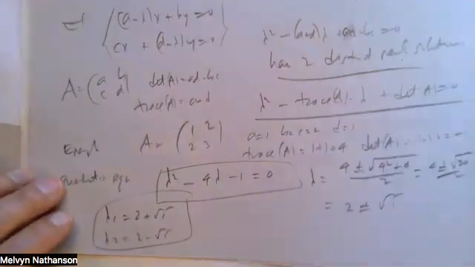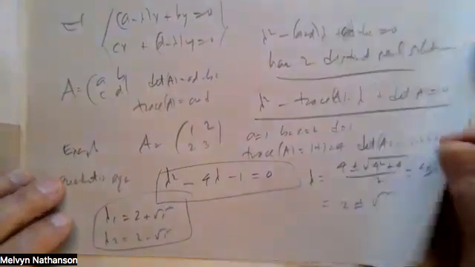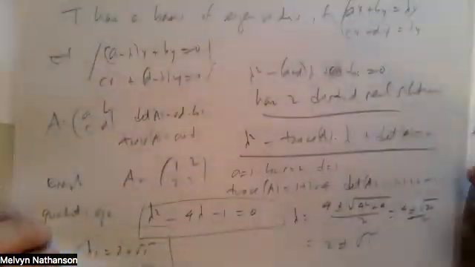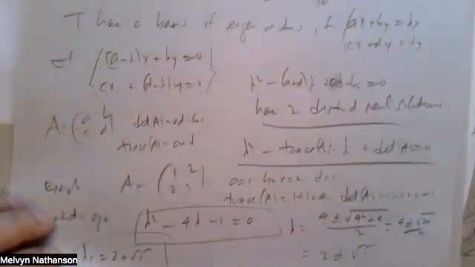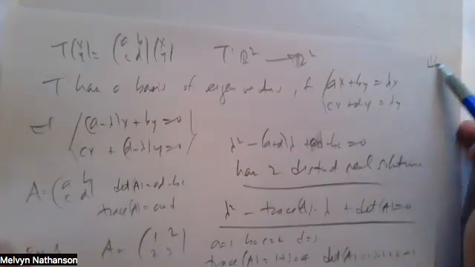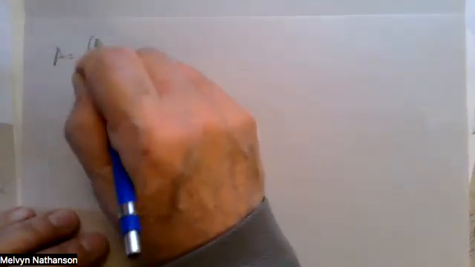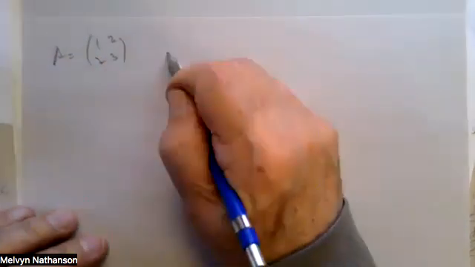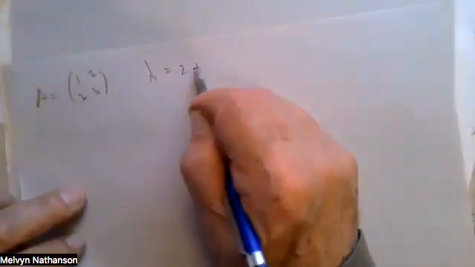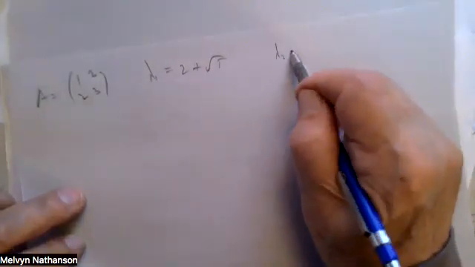So my next job is to compute eigenvectors. So let me write down the matrix again. A is 1, 2, 2, 3. And my eigenvalues, lambda 1 is 2 plus root 5. Lambda 2 is 2 minus root 5.